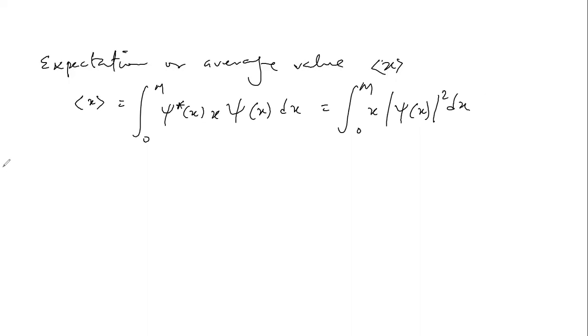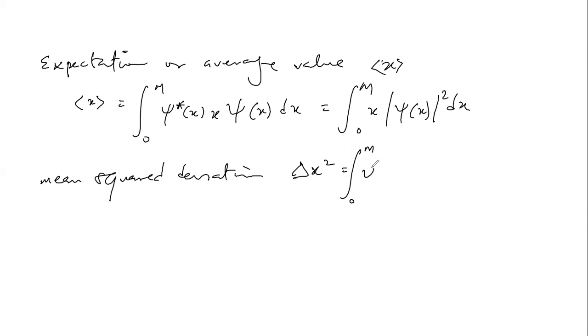And then, should we take the mean squared deviation, then we have, no, not lambda, we have delta. So we have delta x squared will be the same as the integral from 0 to m, given the limit, of psi conjugate times psi dx.